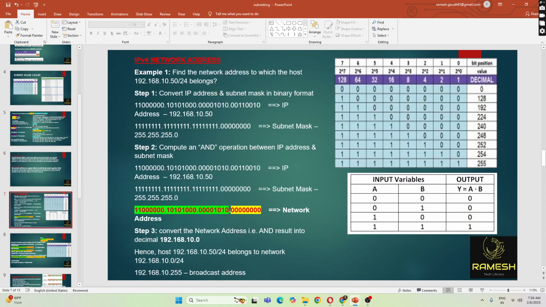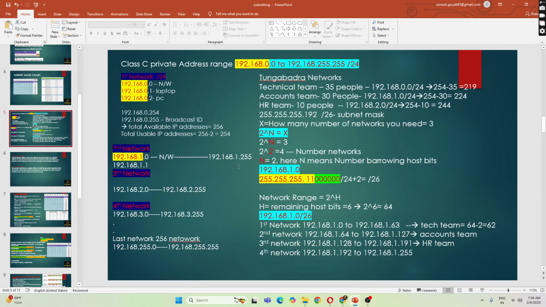If you do these exercises, you will be a master in subnetting. Practice today, watch the video one more time, and tomorrow we'll continue with exercises. Exercises will take 30 minutes. After that, we will learn ARP.